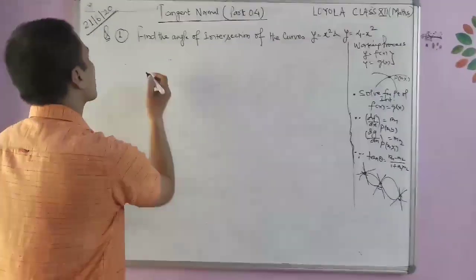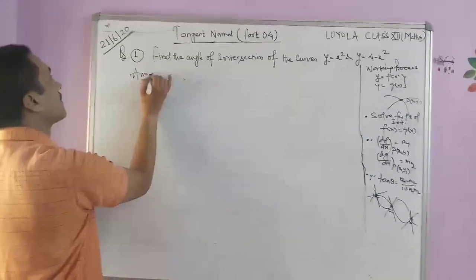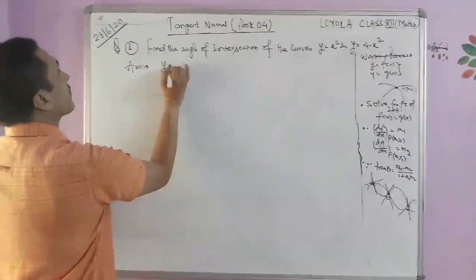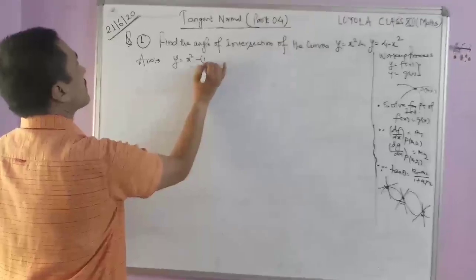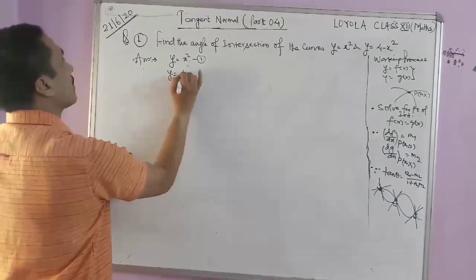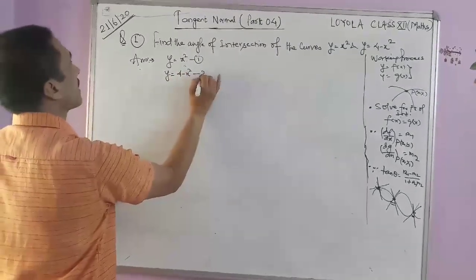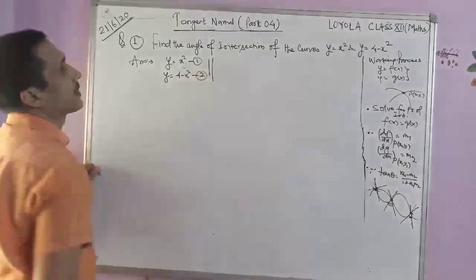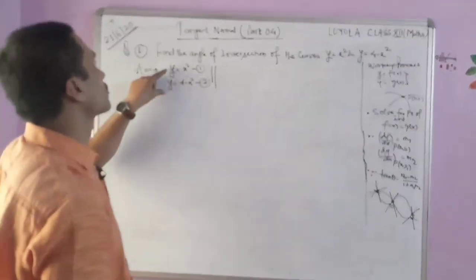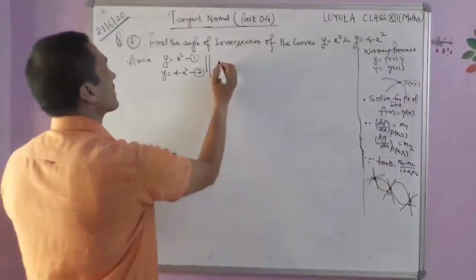Here, given the curves y equals x square and y equals 4 minus x square. First of all, for the point of intersection, we solve these two.